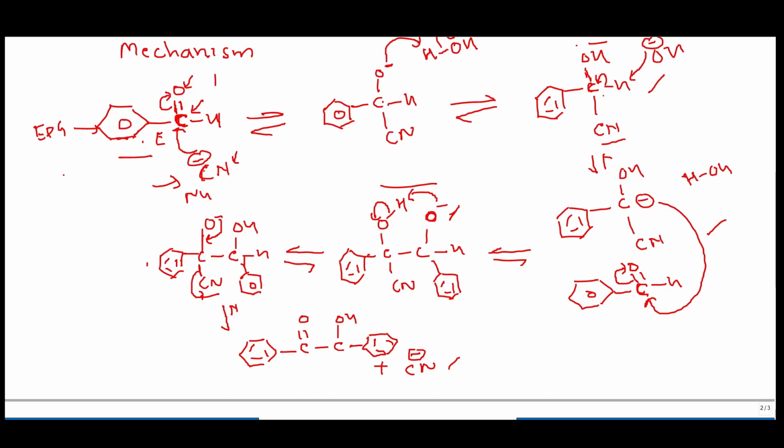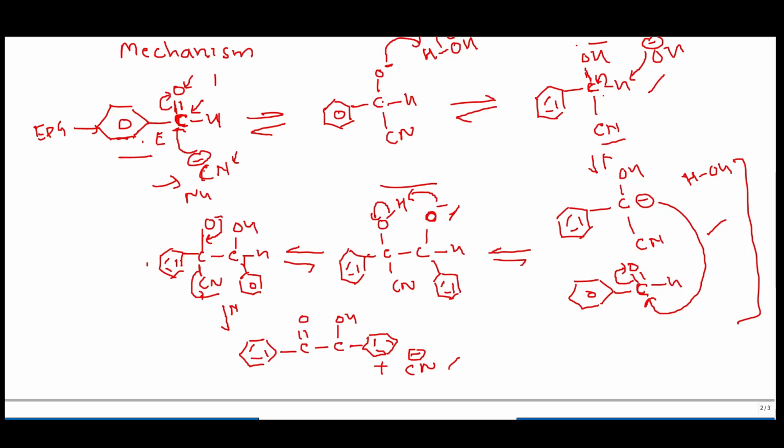Electron donating groups at ortho or para positions are going to retard the first step by making the aldehyde a less reactive compound, and then if you place a group at the ortho position, steric hindrance may come into the picture in this step.